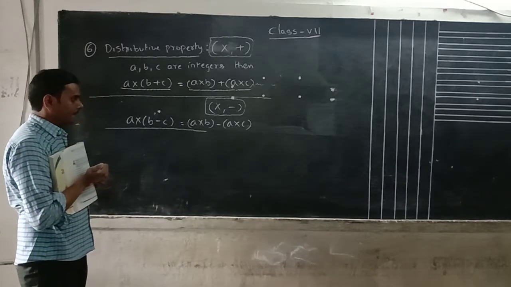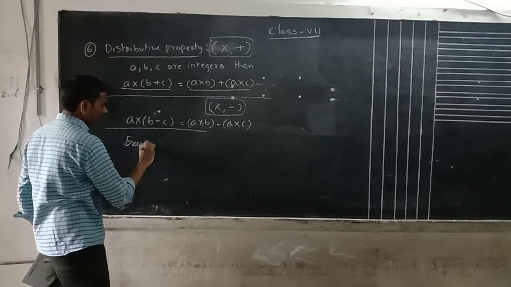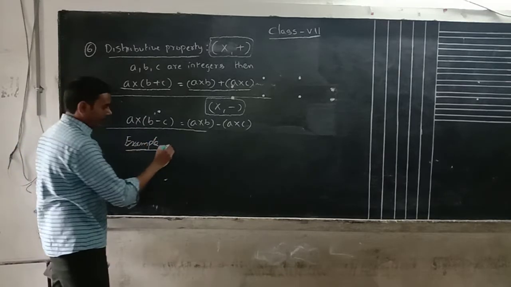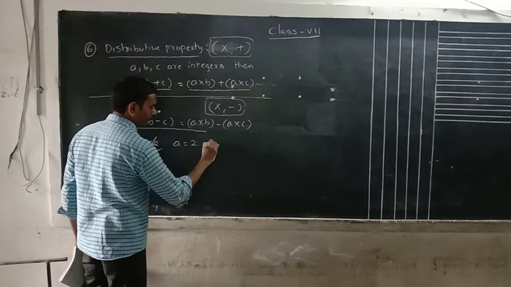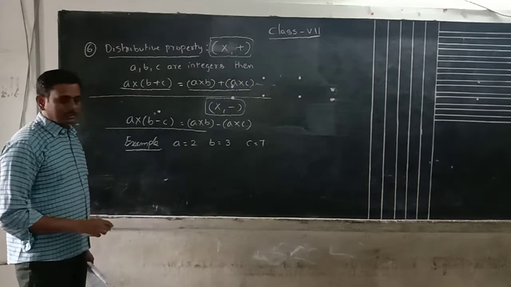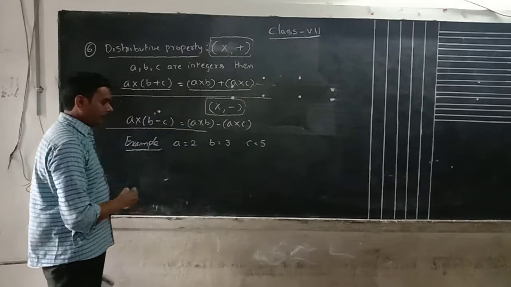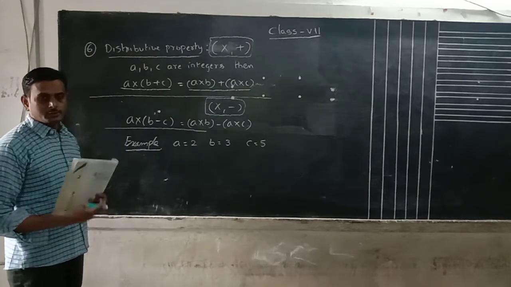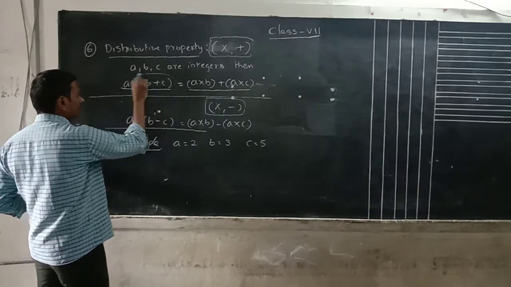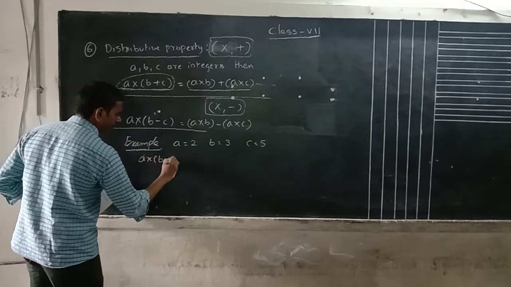Example. I take a equal to 2, b equal to 3, c equal to 5, small numbers. I want to check the distributive property. What is the LHS part here? a into (b plus c).